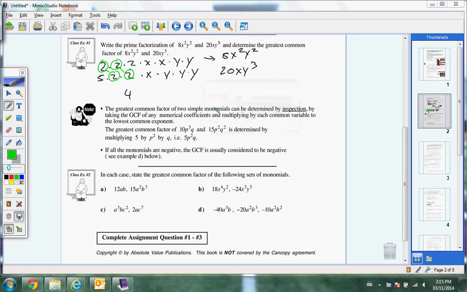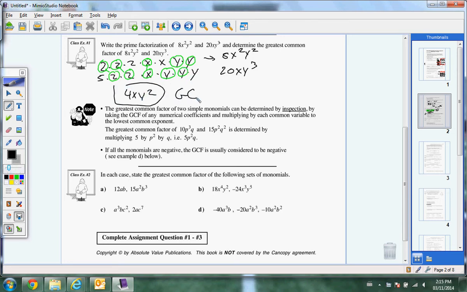All right, so the 4's match up. So what do they have in common in terms of x's? 1x, this one and this one. So they have an x in common. And what do they have in terms of y? 2 y's. So we have a y2. So this right here is what we call the GCF. That's the greatest common factor of those two.